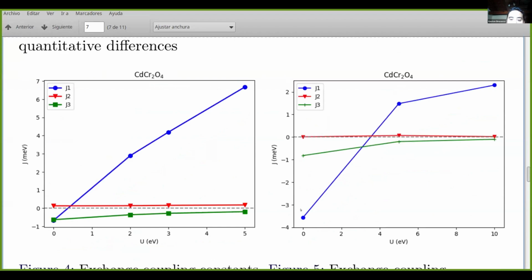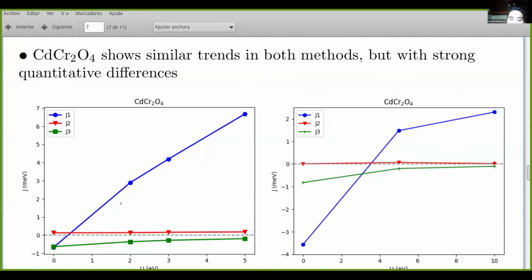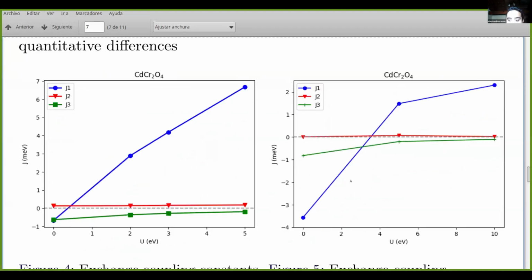Here, J2 and J3 present similar behavior, but J1 shows a different behavior, with a different change of sign.